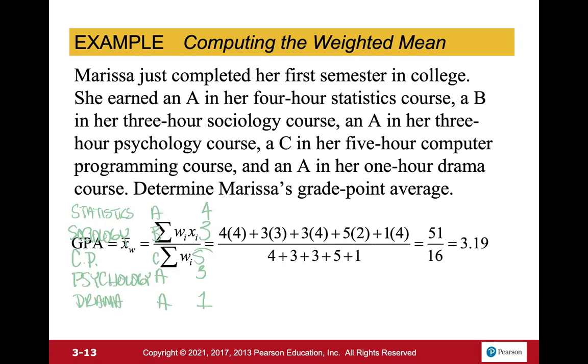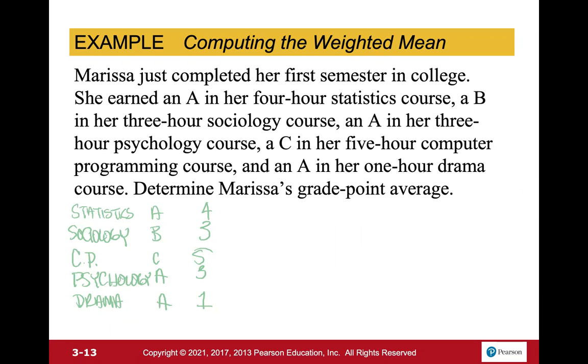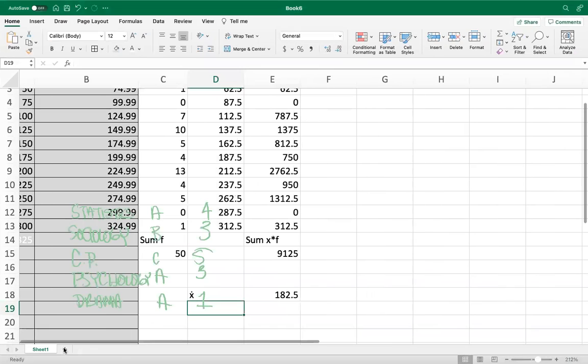And let me see how they compute it. All right, so they're saying an A is 4.0. So actually, let's take this over to Excel so we can see it a little bit better.